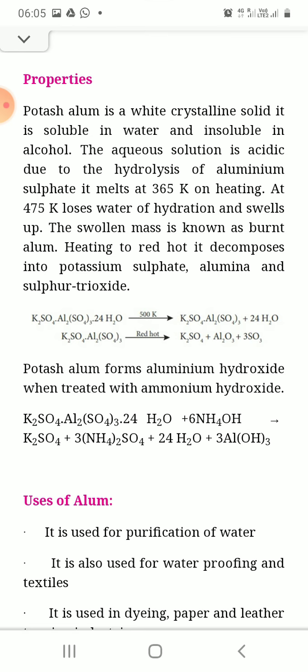This is the aluminum hydroxide formed when potash alum is treated with ammonium hydroxide.